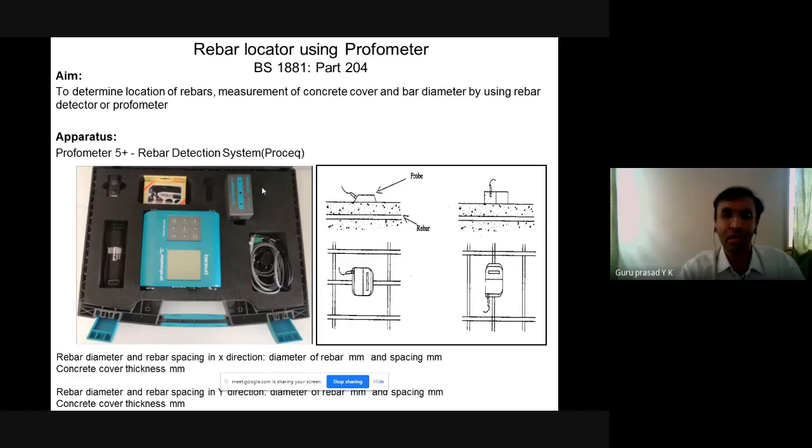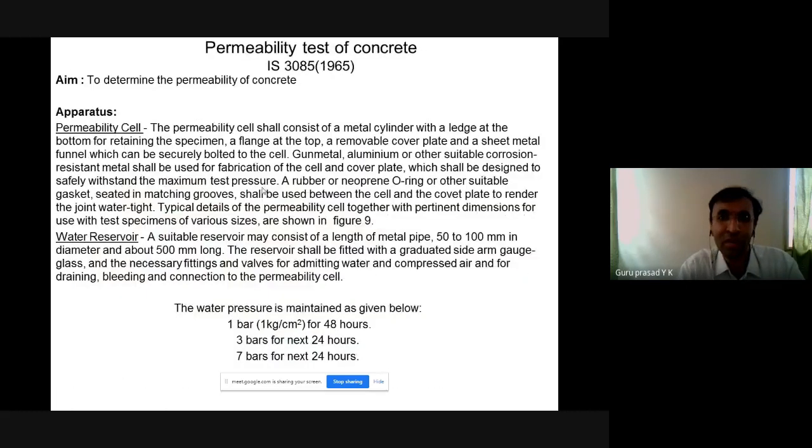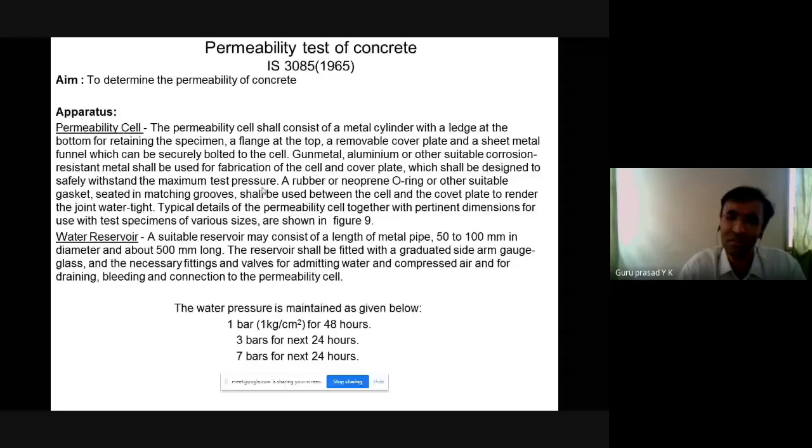Okay. Now coming to the permeability test of concrete. Why do I need to do a permeability test of concrete? You tend to have seepage in concrete members, especially water seepage, and you'll have dampness, and in some liquid retaining structures you tend to have leakage.